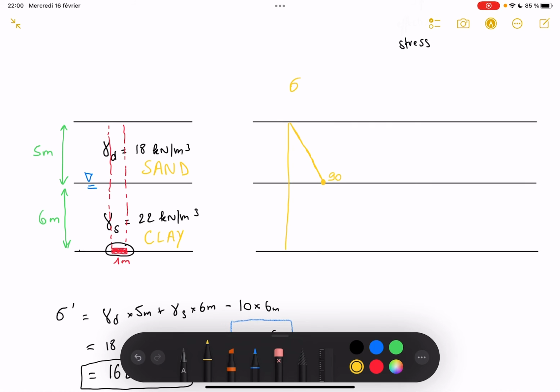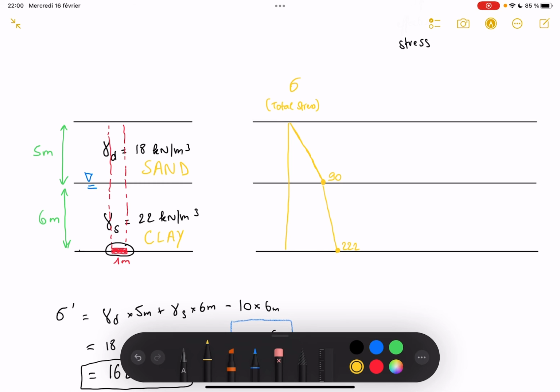Then we have 90 plus 22 times 6, which gives us 222. It's very important to know that this is total stress, nothing else. This means we are including the pore water pressure and not excluding it.